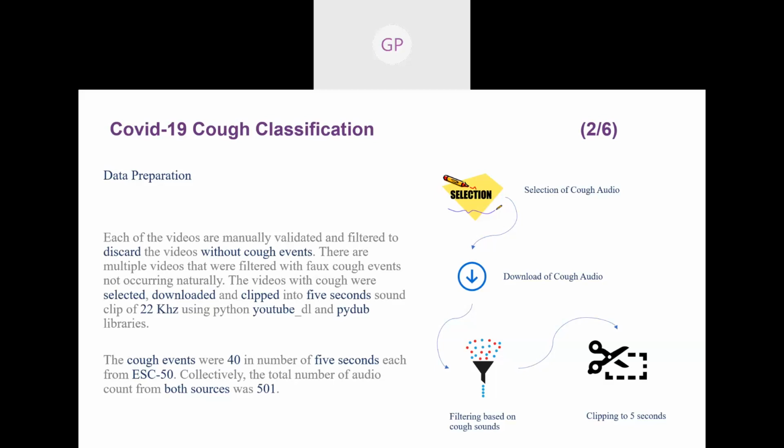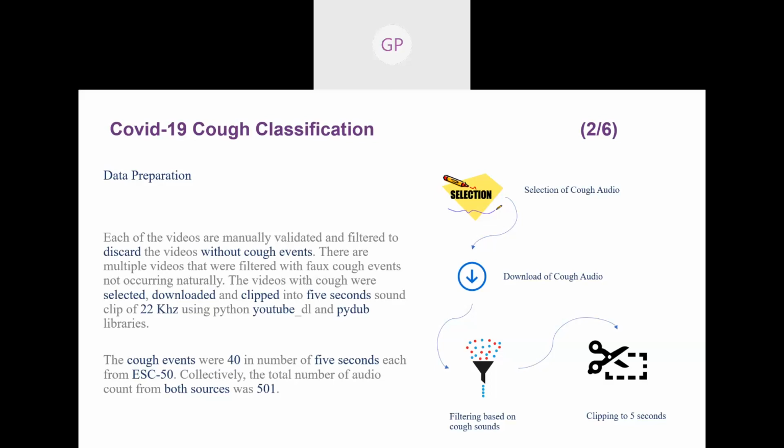After doing that, we downloaded those cough YouTube videos and converted them into audio WAV files using certain libraries in Python. And then we also chose 40 cough events from the ESC-50 dataset, which were the only ones present in that dataset.